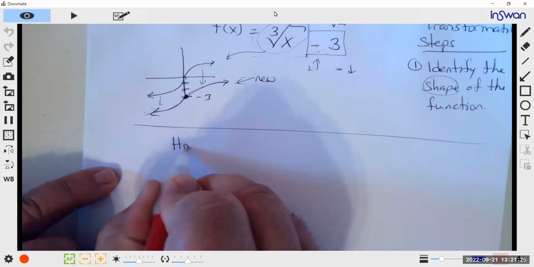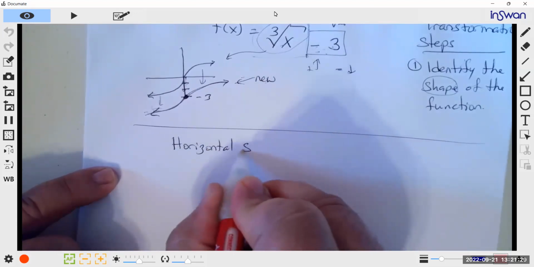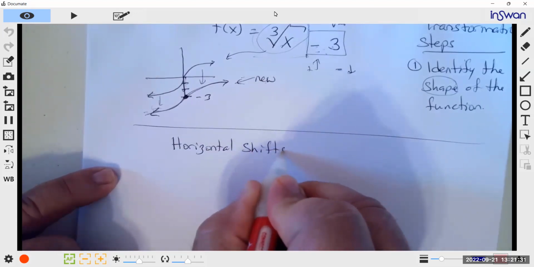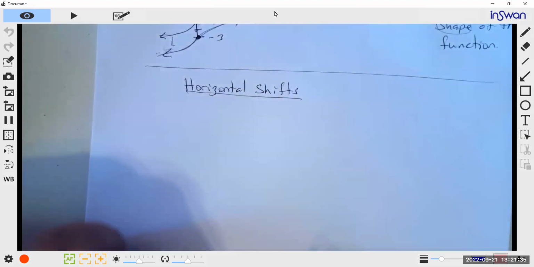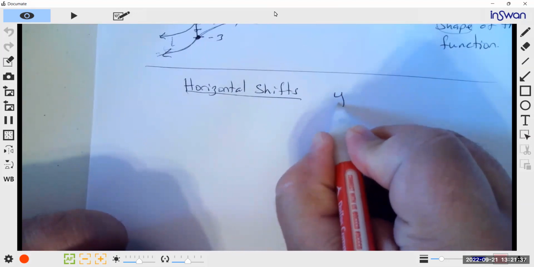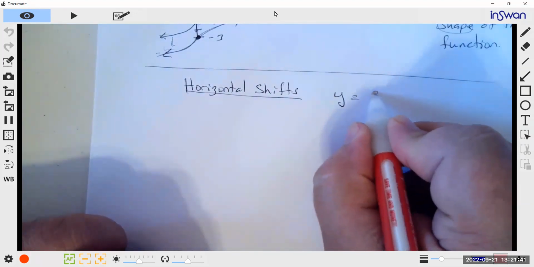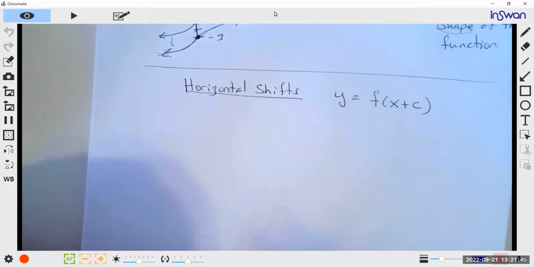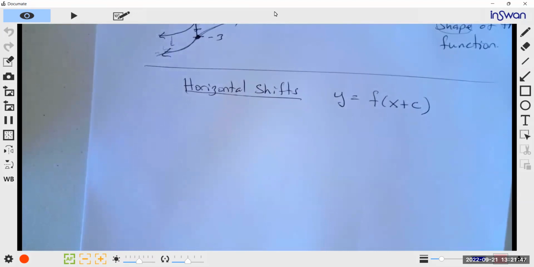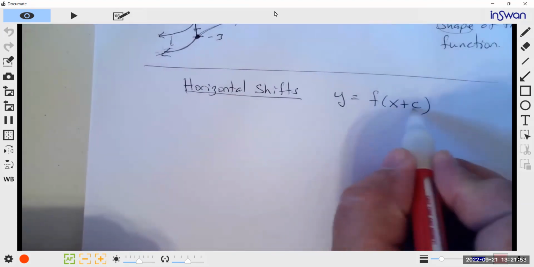Let's look at horizontal shifts. Horizontal shifts happen inside the function.